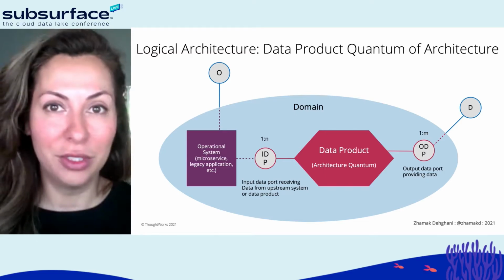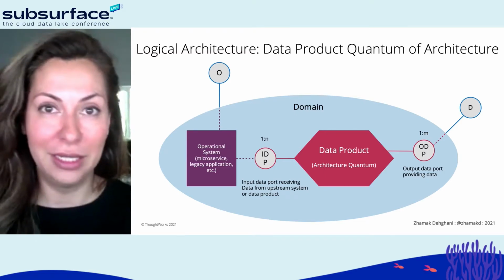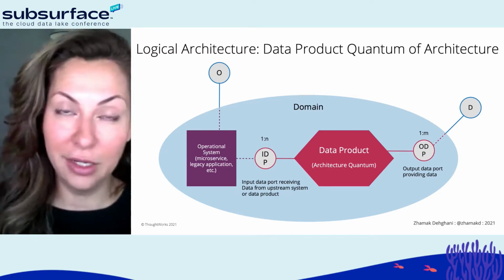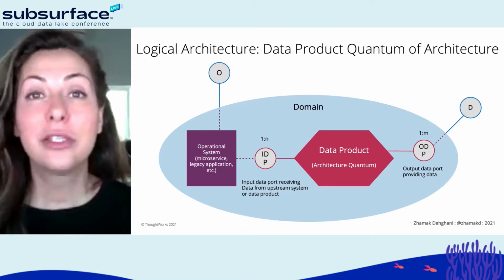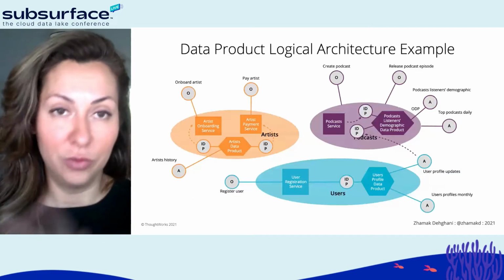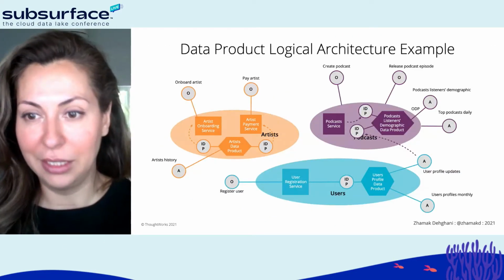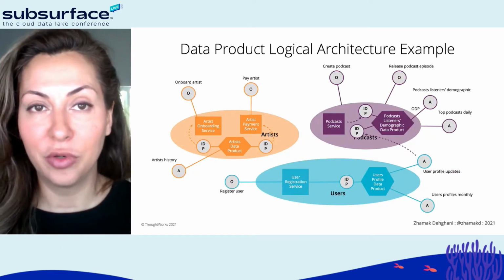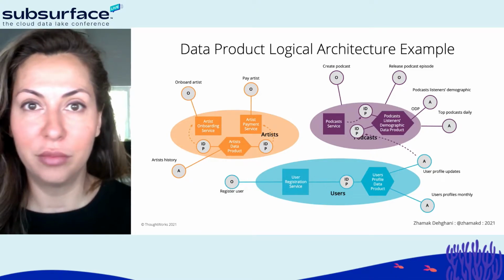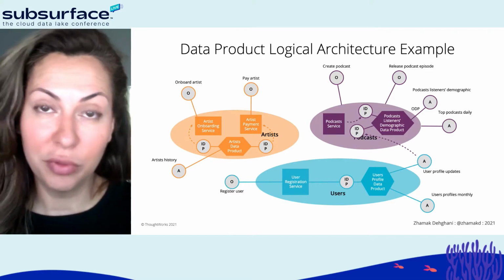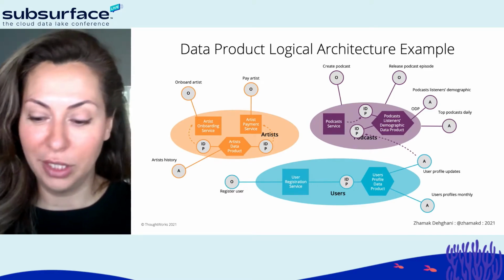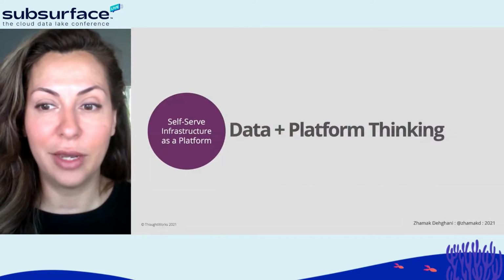It will have input data ports, a way of getting data from upstream. So maybe the microservice is serving its data as a product, or it could be an upstream data product, and we'll have multiple ways of serving that data back. And if we put these input output ports in an example, that podcast listens demographic data product is getting data from your podcast service in some form, and it's also getting data from your user profile data product, and puts them together and comes up with the demographics.